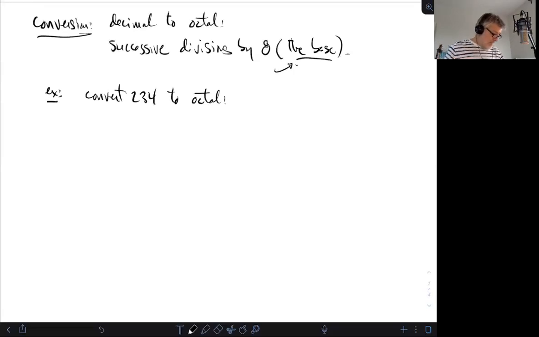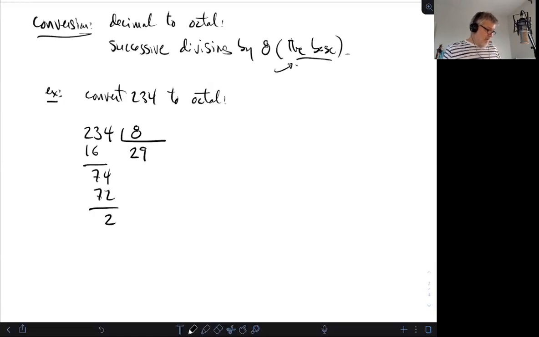So I want to write it down in octal. So I just successively divide 234 by 8. So let's do it. Okay, so 8 times 3 is 24. So that's 2 times 8. That's 16. That's 7. Bring down the 4. 9. That would be 72. Hopefully I'm right. And that leaves 2.